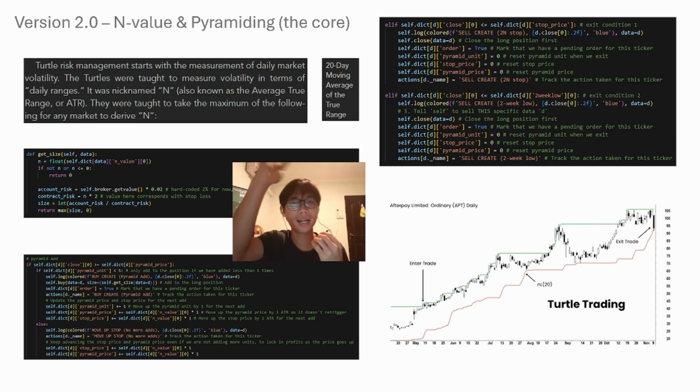Once it goes past 5, even though the number of pyramids stops stacking, the stop loss still continues. So you're limiting your loss and maximizing your gains. That's what the whole strategy is about. It's about riding a wave. You can see it's almost like a wave here, and it's trend trading. So the stronger the trend, the more you stand to gain, obviously.